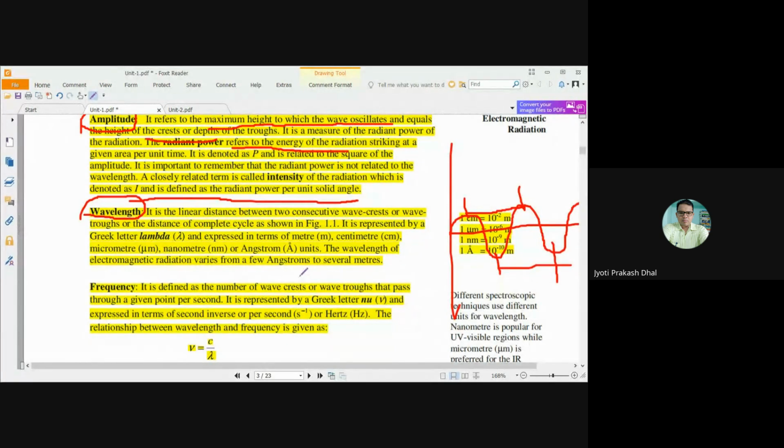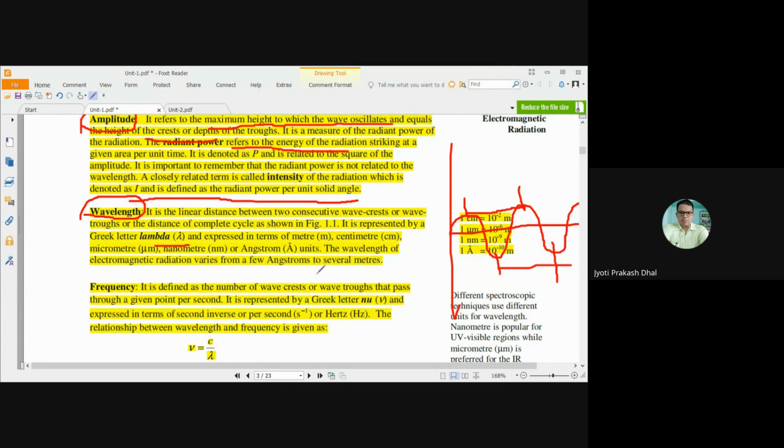You can also say that the distance between two consecutive crests, or the distance between two consecutive troughs, is also known as wavelength, and it is denoted by the Greek letter lambda.